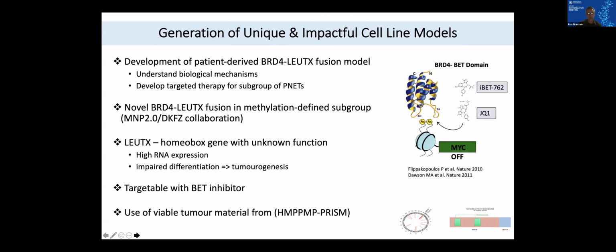We're currently working with the MNP 2.0 program, which has identified a methylation-specific signature that harbors this fusion. By generating the model in-house from our patient, we've shown that this glioma subtype is very sensitive to BET inhibitors, which I think really offers hope for this molecularly defined glioma class.